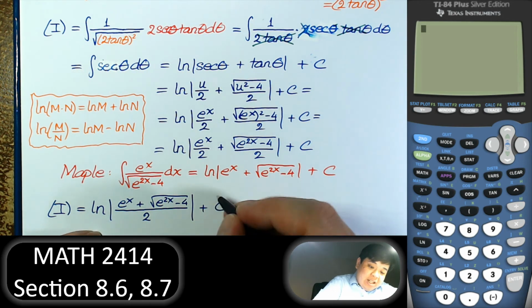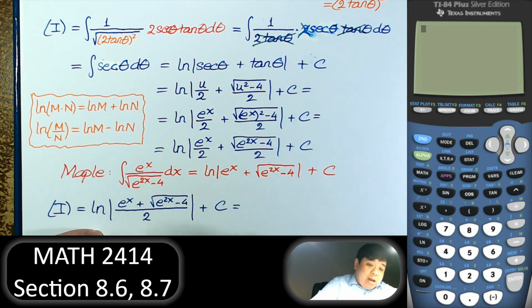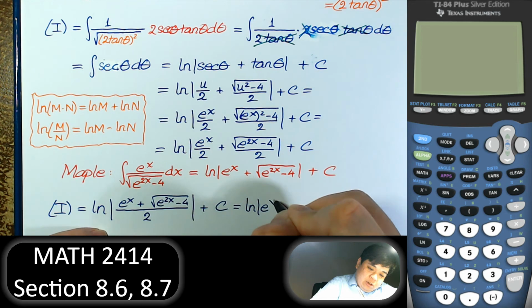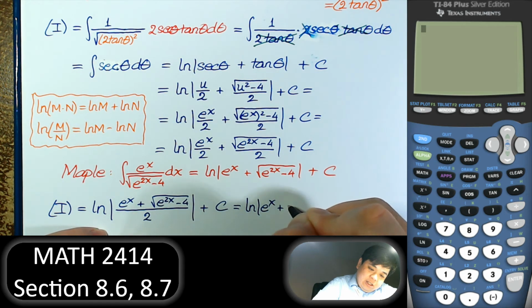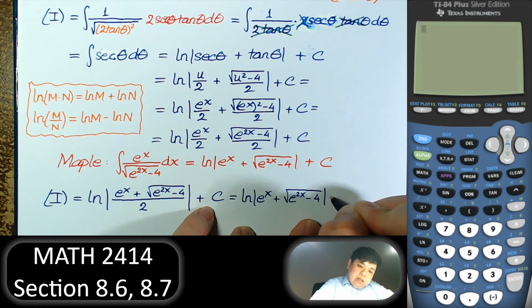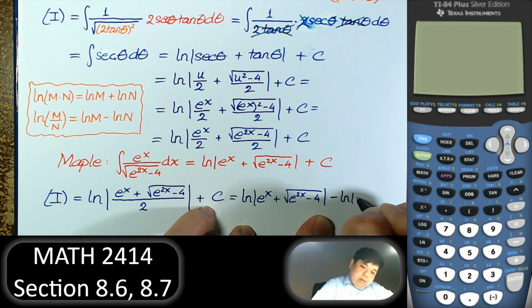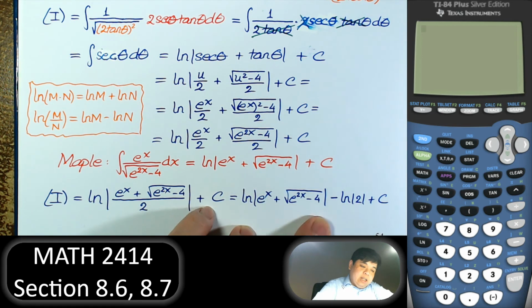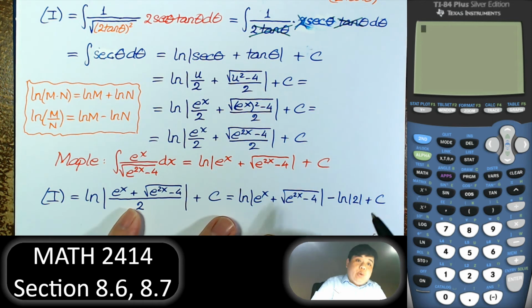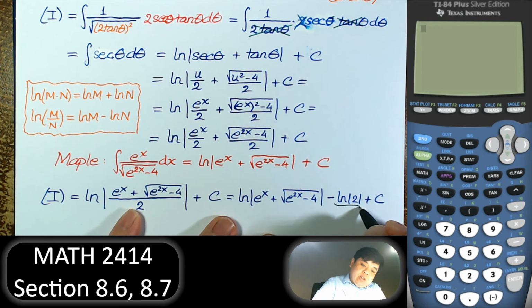So we will split, even with absolute values now, don't worry, we still split e to the x minus ln of 2 plus c. Now what we can see here is ln of 2 is a constant, plus c is a constant, so all of this is still a constant.